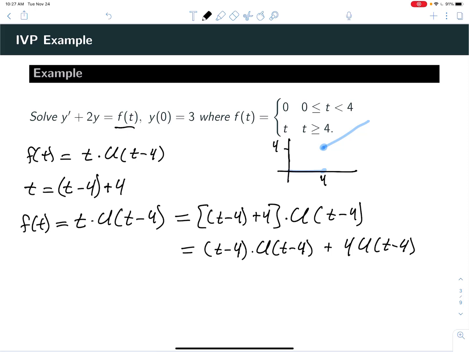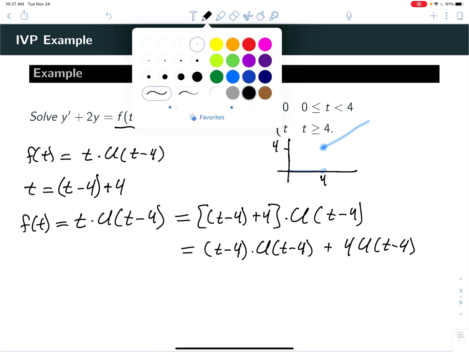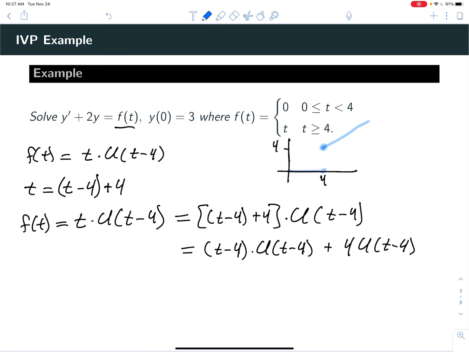And what this is really saying is, here's the t minus 4 function, which looks like t, but starting at 4. And then if I add 4 to it, I will get what I originally started with. So this is t minus 4 starting at 4, and then if you add 4 to it, you will get the line we actually wanted, right?